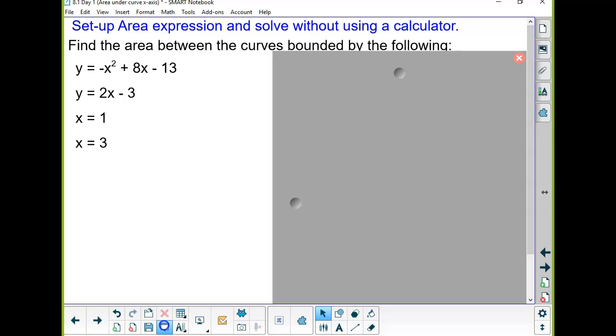Right? This is probably what the question would look like. Where it says, find the area between the curves bounded by the following. You have a y value, and then you've got two x's. So what we need to do is we need to create a very rough sketch. It does not have to be super accurate.